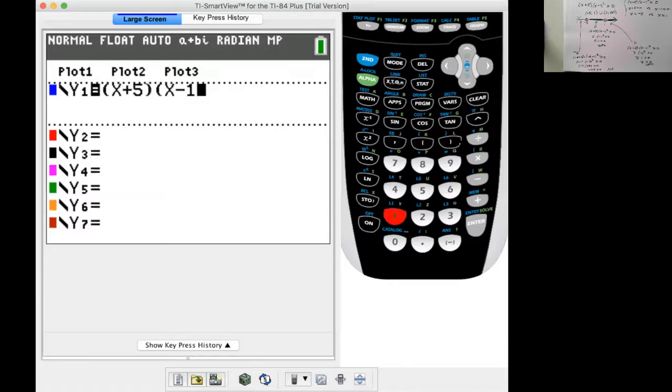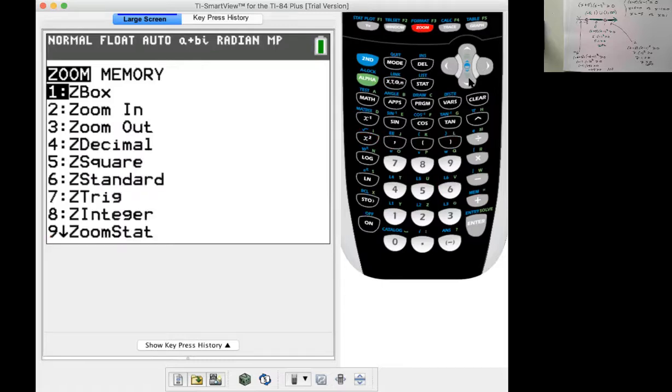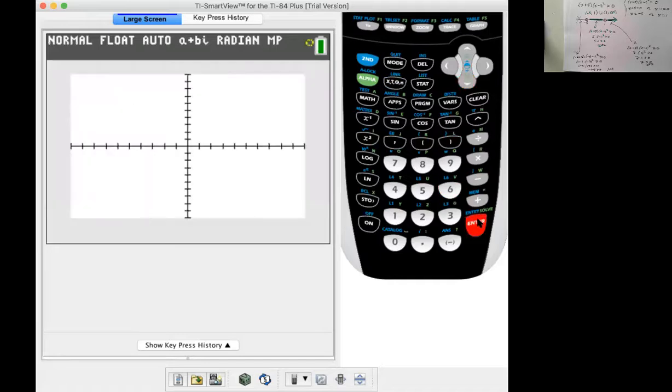Where is it greater than 0? So I'm going to look at the picture. I will start with zoom standard, I think. I'm imagining I'm going to have to adjust at least the y's to see a good part of the picture. Okay, not too bad. I need a lot more positive y. I don't need a whole lot more negative y.